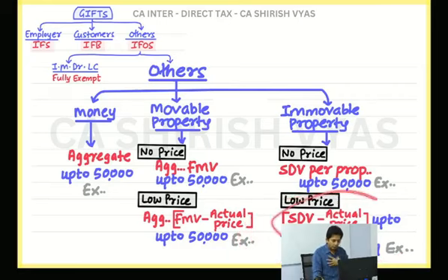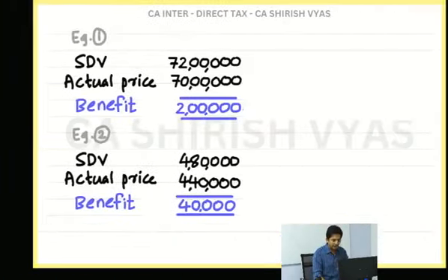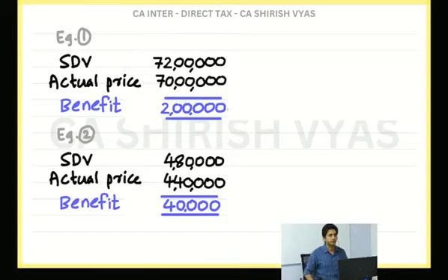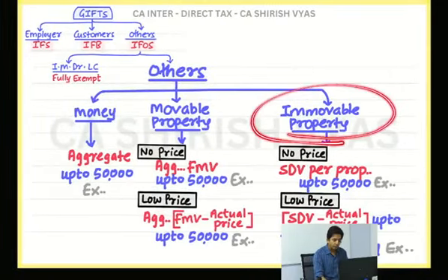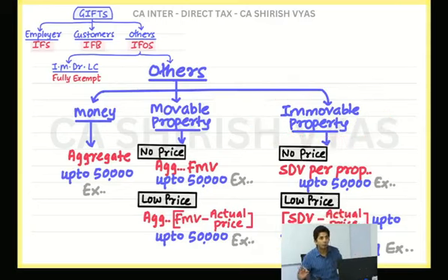For my satisfaction, please try 2 more examples. Nothing new, just to make it strong. By the way, what are we studying right now? Gift of immovable property for low price. Getting something for low price is also a gift.